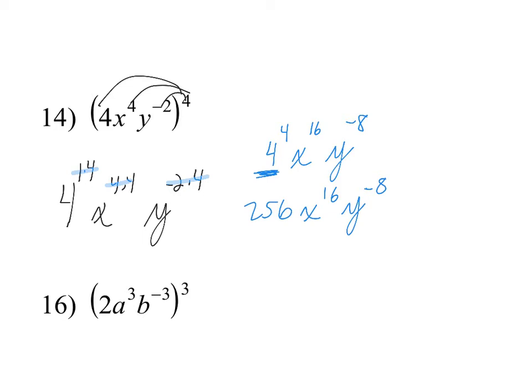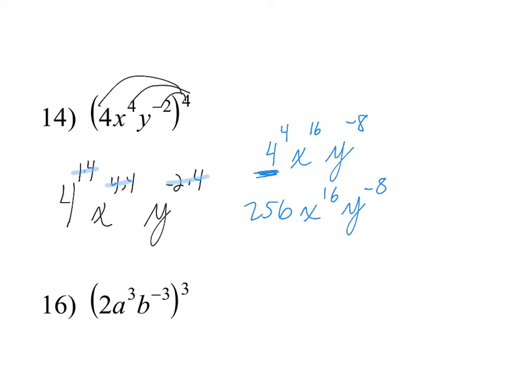Now, I go through my checklist. Do I have any 1s I don't need? No. Do I have any 0 exponents? No. Fractions to simplify? No. Number bases left, already did that, so no. Last but not least is negative exponents. So I have a negative exponent here. If you'll remember, negative exponent tells you you're on the wrong side of the fraction bar.